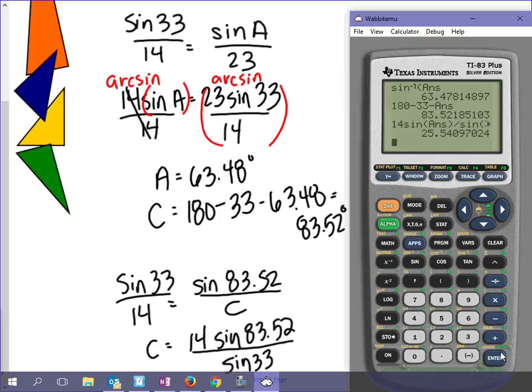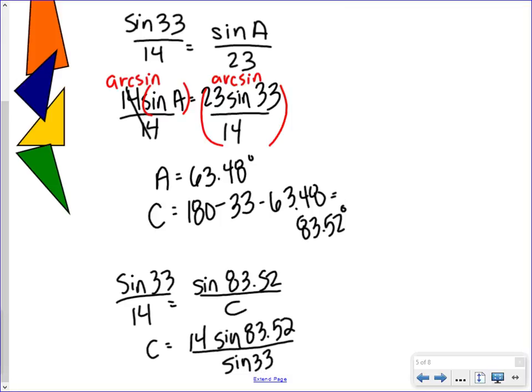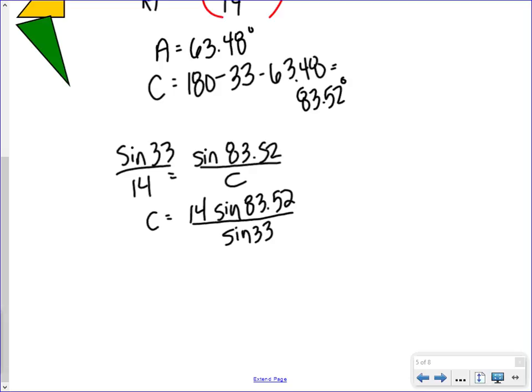But I would encourage you, as you progress into higher and higher levels of math, to avoid rounding for as long as possible. You want to have exact answers at the very end. So I come up with something like C equals 25.54. Any questions on that work that need to be addressed?